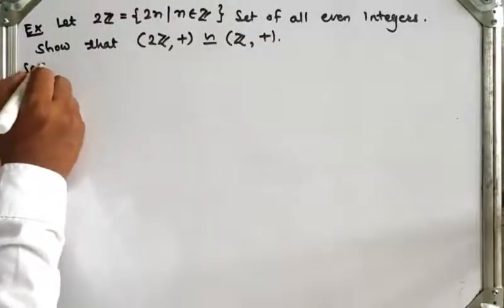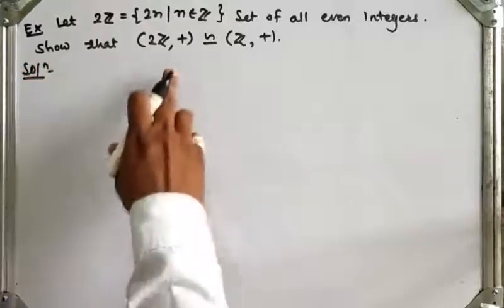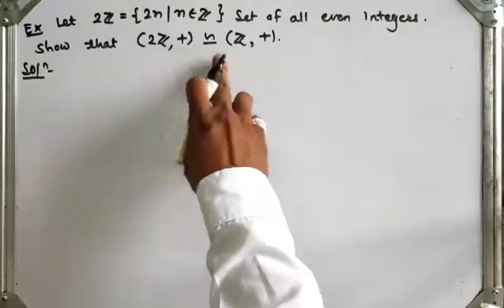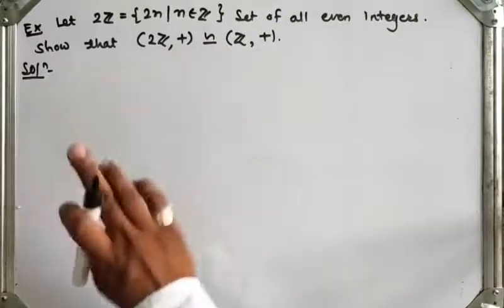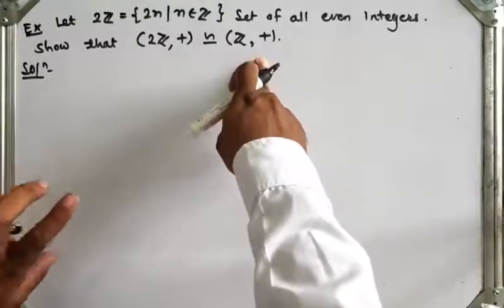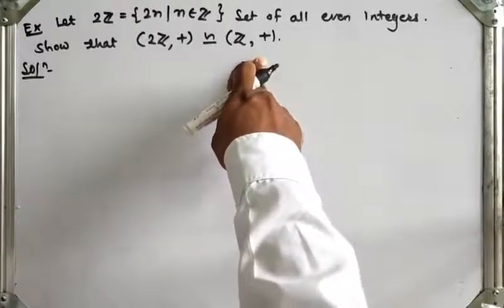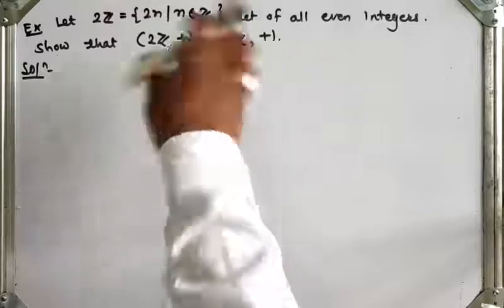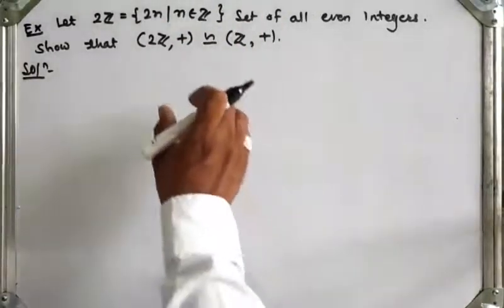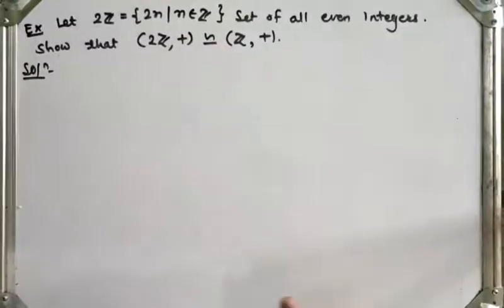Solution. We have to show that 2Z under addition is isomorphic to Z under addition. To show they are isomorphic, we have to define a function phi such that phi is one-one, onto, and a homomorphism. If these three conditions are satisfied, then we say that these two sets are isomorphic.